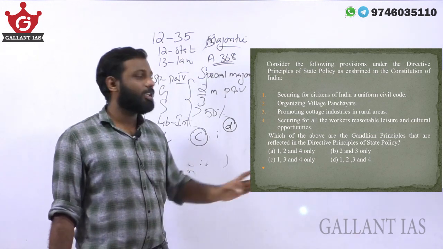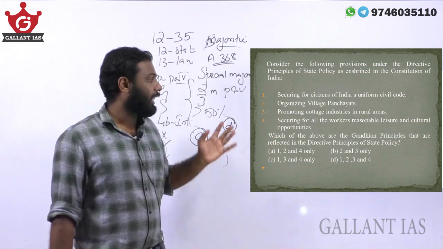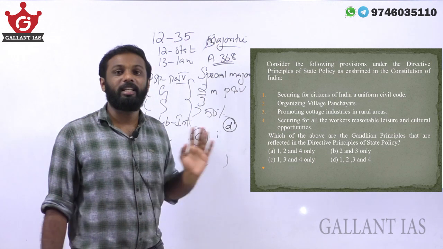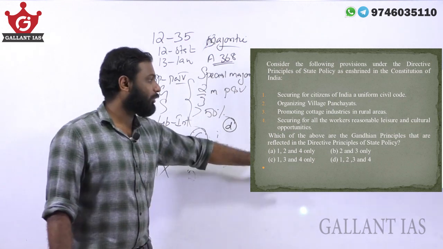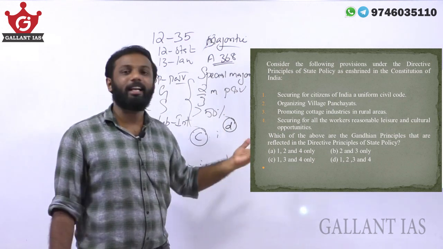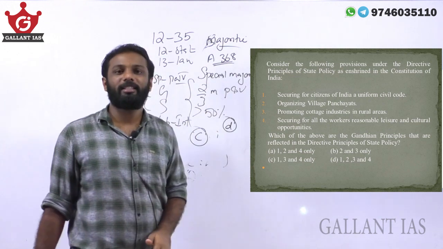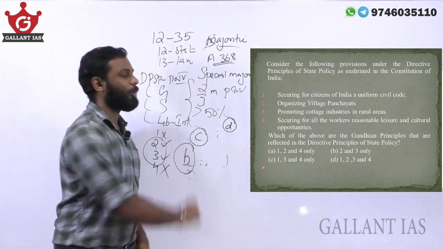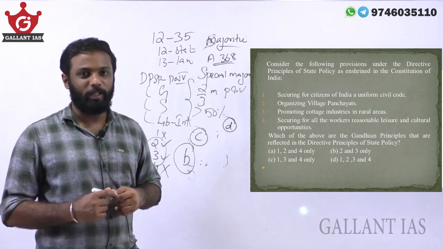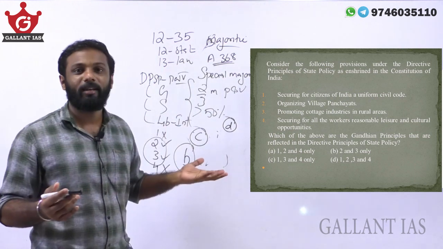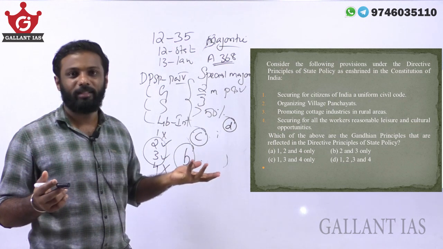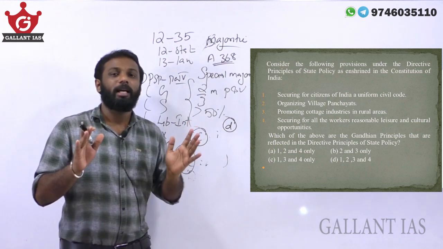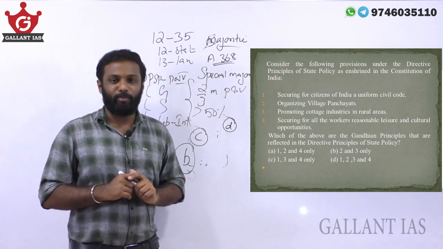D also says that 1 is a Gandhian philosophy, and we know that 1 reflects the liberal intellectual principles. So we eliminate A, C and D, and just by knowing that single statement, we can easily reach the answer, that is option B, 2 and 3 only. In this manner also you can easily score marks. For that you must know the core basic things in Indian polity.